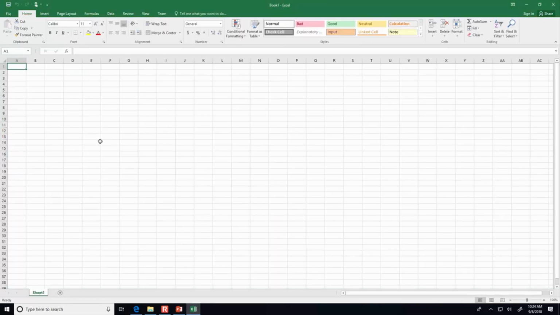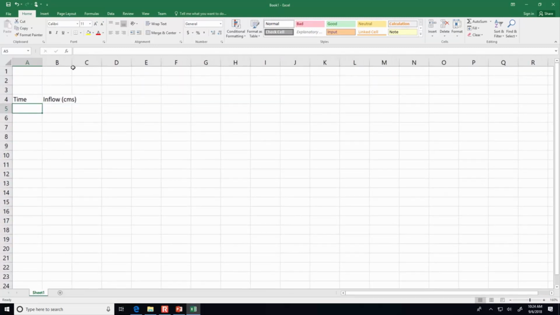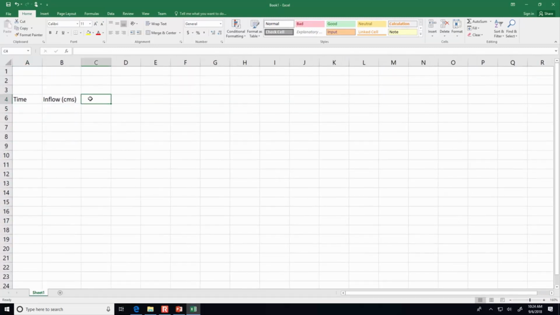So the columns we're going to put in, let's go a couple of rows down, and then we're going to put in a column that's time, and then the inflow in terms of cubic meters per second. All right, the volume in cubic meters, and the accumulated volume in cubic meters.